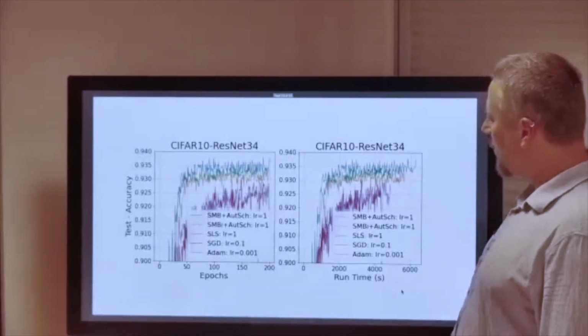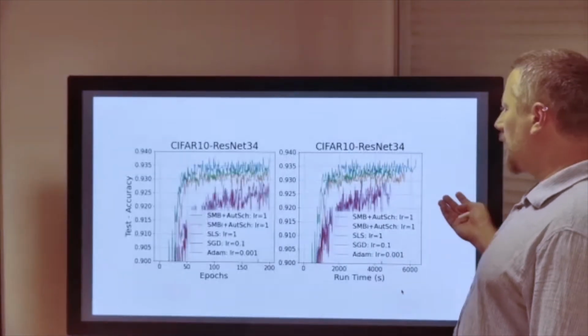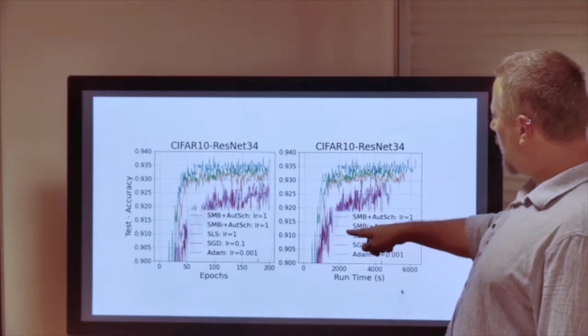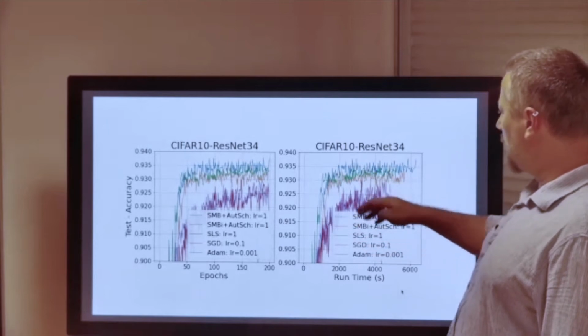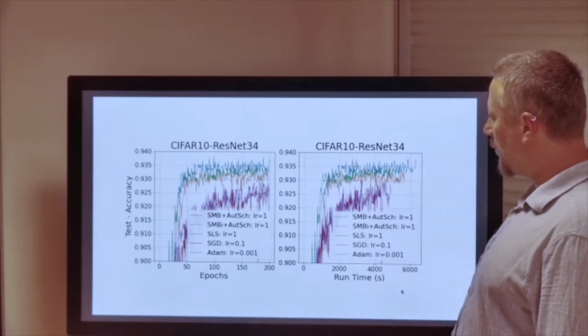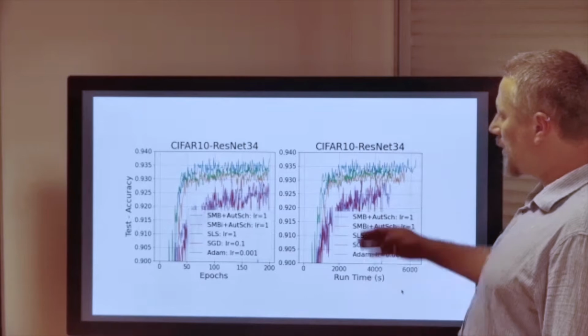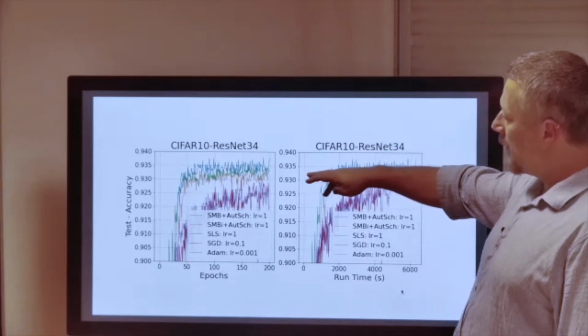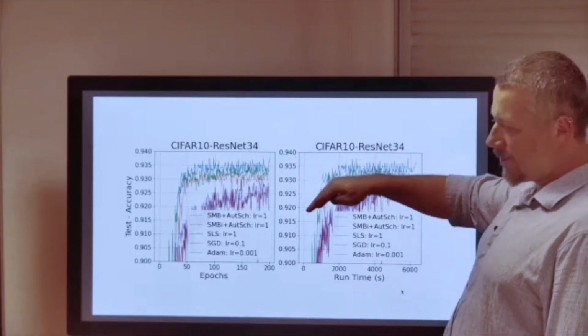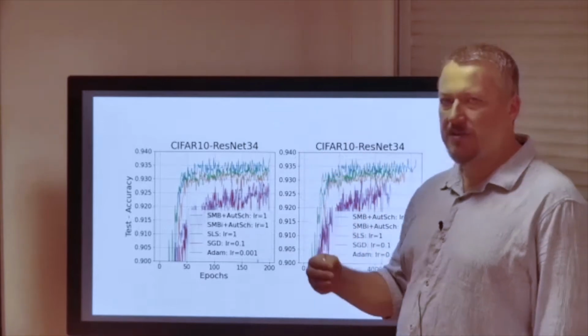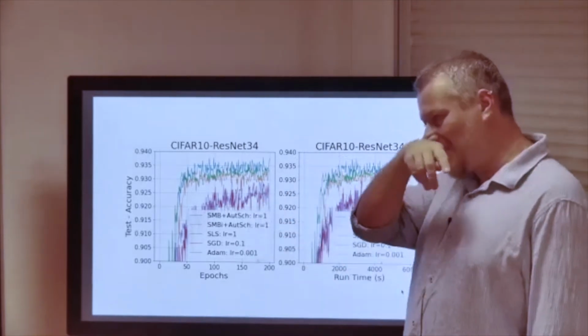And if you look at the test accuracy, it behaves similar to SLS, a little bit close to SLS, but still worse than SMB. So actually what this says is that dealing with an HK which is dependent on GK works better.